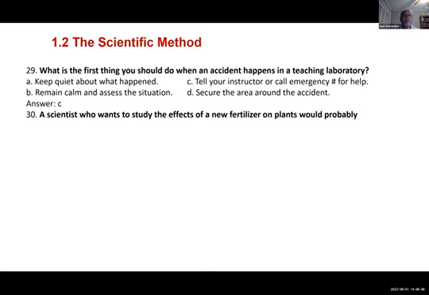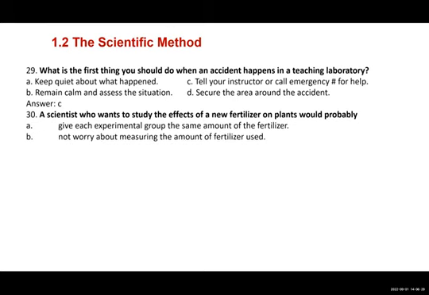The one was mistaken. A scientist who wants to study the effect of a new fertilizer on plants would probably do what? Give each group the same amount of fertilizer. Each group is a control group. Not worry about measuring the amount of fertilizer used. We normally don't do science like that.